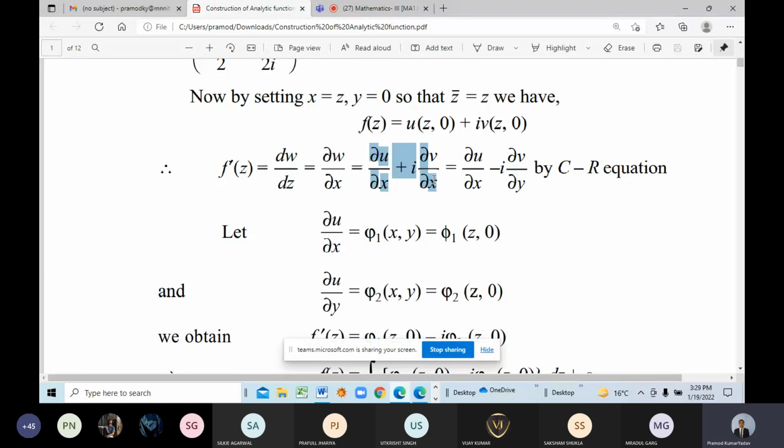F means u plus iota v, so del u by del x plus iota del v by del x is the value of f dash z. And we may use the CR equation, then this v may be converted in terms of u also. We may convert this v, because del v by del x equals minus del u by del y. So f dash z will be converted fully in terms of u or in terms of v as per our requirement.